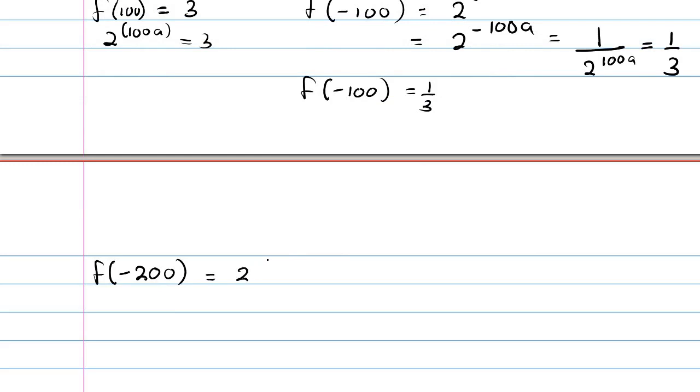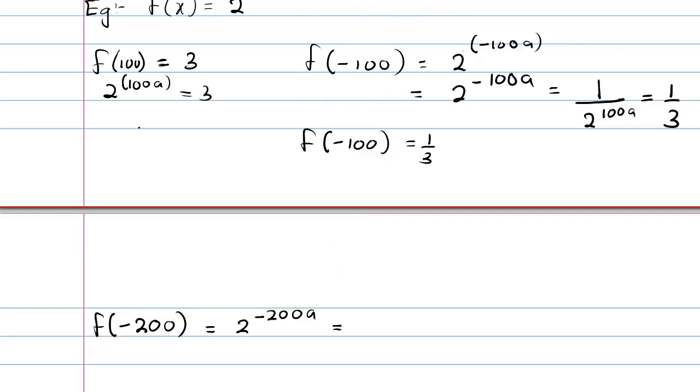This is just 2 to the negative 200a. I think we have discussed this earlier about exponents. So what is the difference between 2 to the negative 200a and this? So I can write this as 2 to the 100a times negative 2.